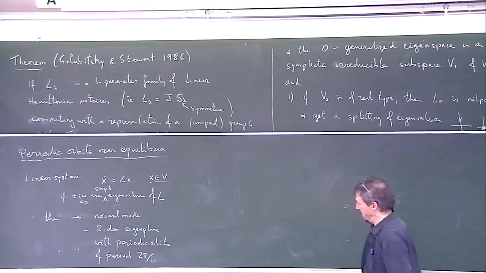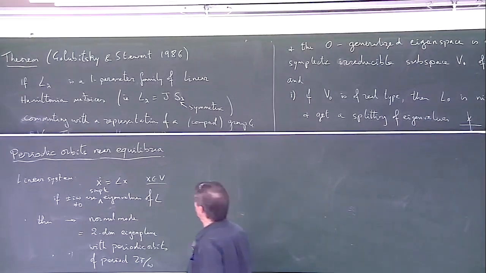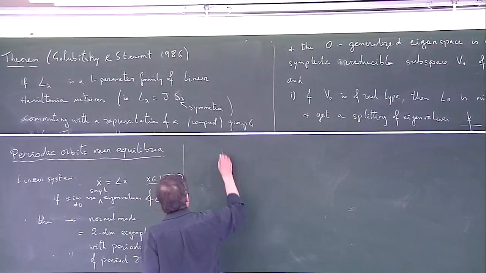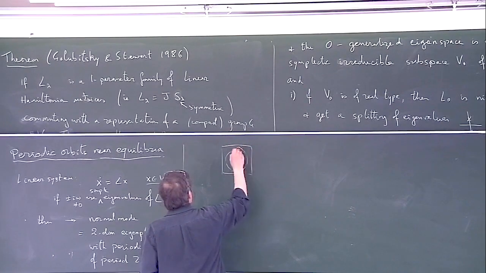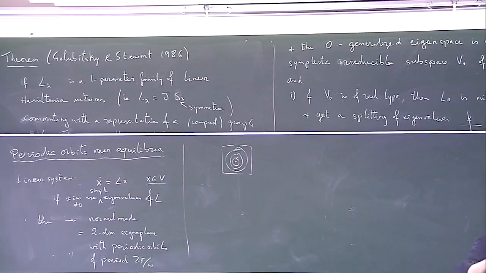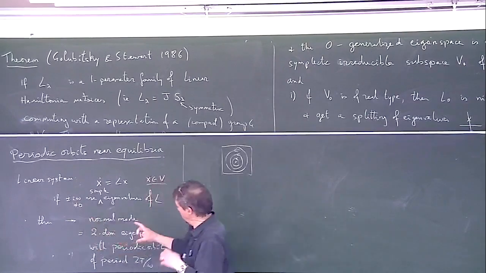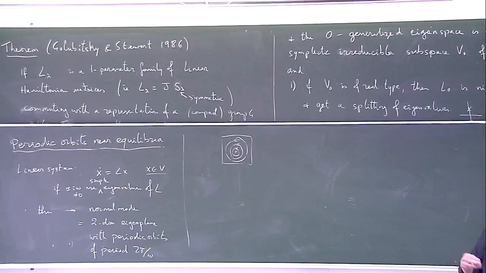That's just first year undergraduate differential equations. So that's sitting in maybe some large space, and you've singled out one pair of eigenvalues which are imaginary, and you get this inside the space.